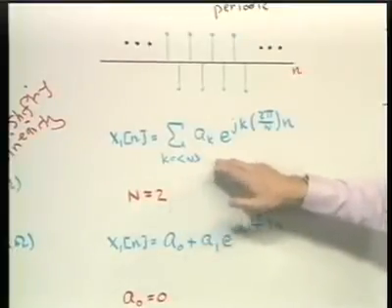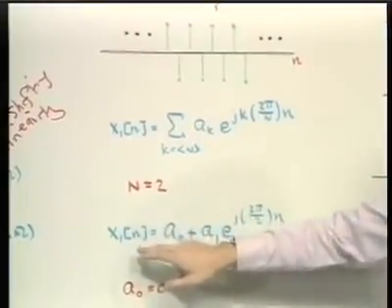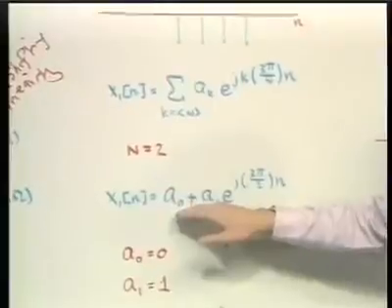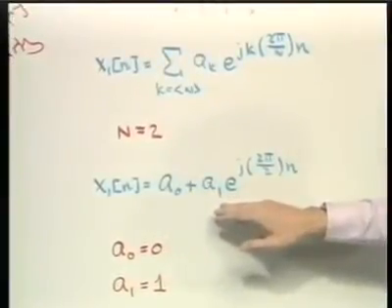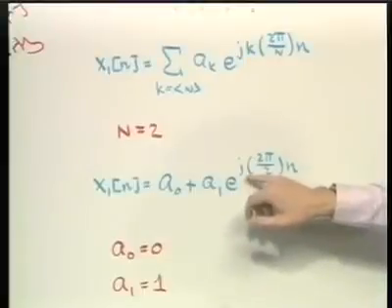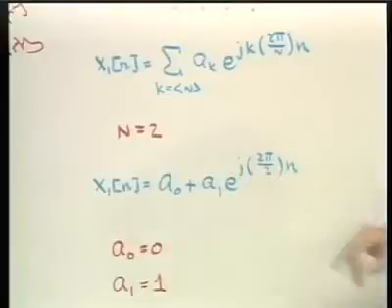And so we can just write this out with the 2 terms. And the 2 terms involved are x1 of n is a0, the 0th coefficient. That's with k equals 0. And a1, and this is with k equals 1, and we've substituted in capital N equal to 2.